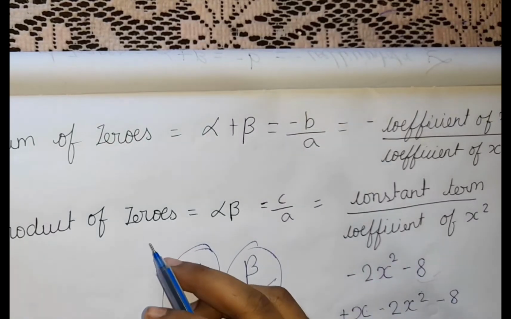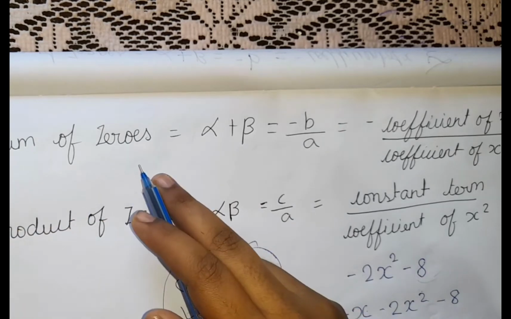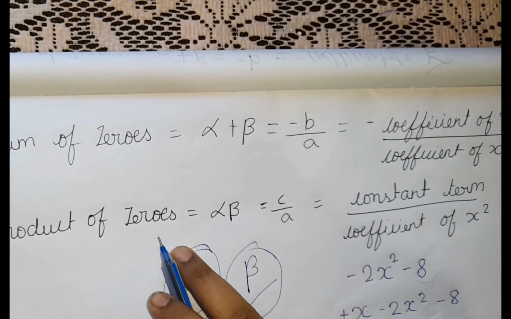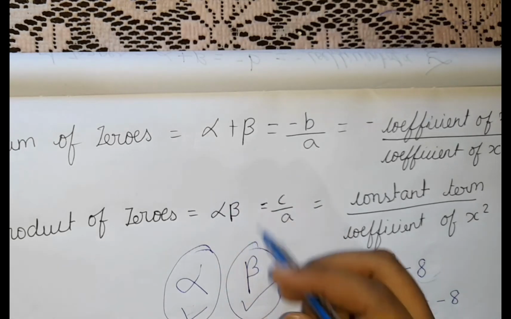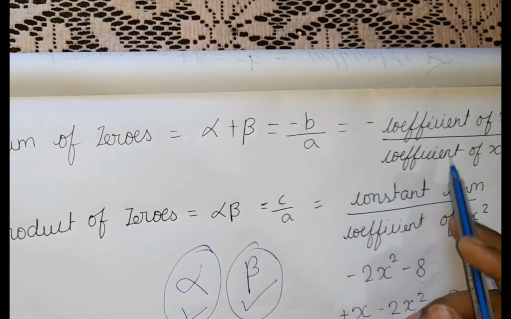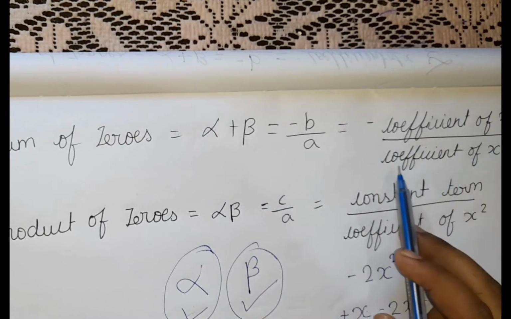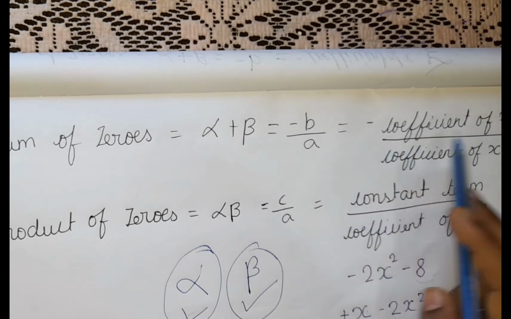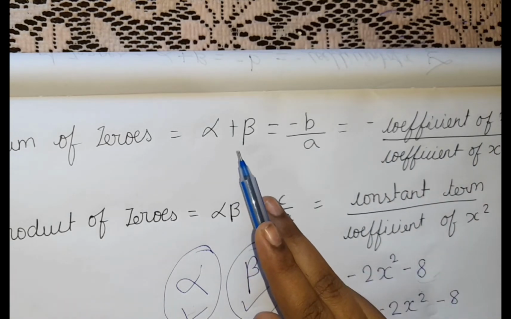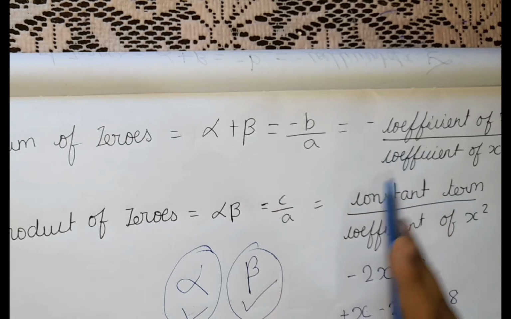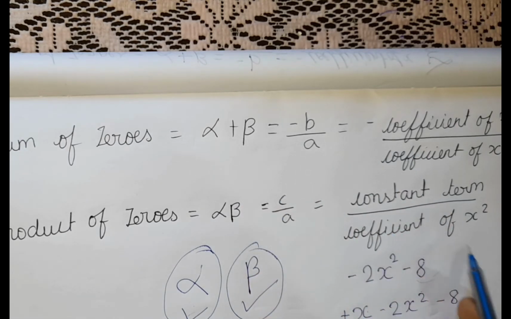In this formula we should find the sum of zeros and the product of zeros, that is alpha plus beta and alpha into beta. We should find the relationship between alpha plus beta and minus coefficient of x by coefficient of x square, and likewise between alpha into beta and constant term by coefficient of x square.